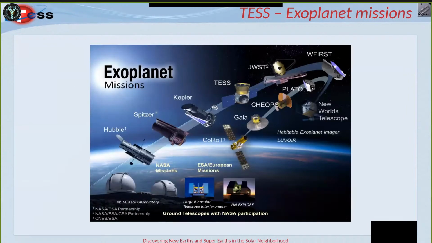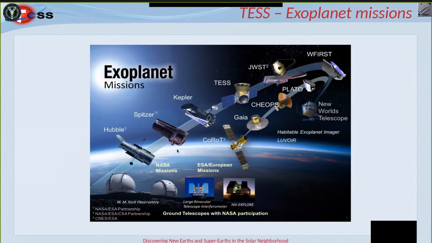This slide just summarizes some satellite and ground-based missions related to exoplanets. As you can see, there are instruments here like Kepler, TESS, Cheops or Plato, which are designed for exoplanet studies.